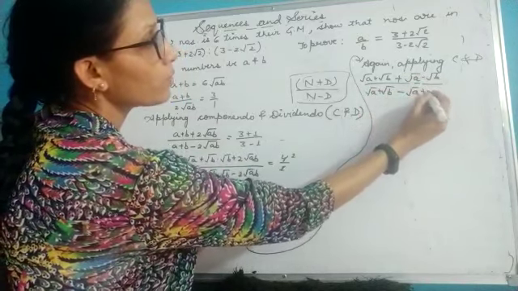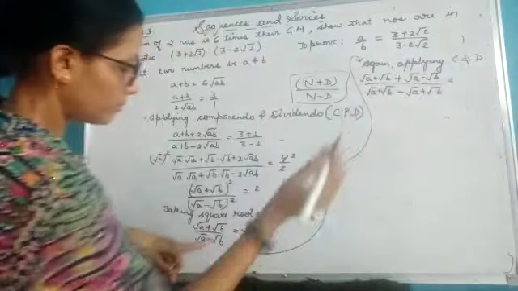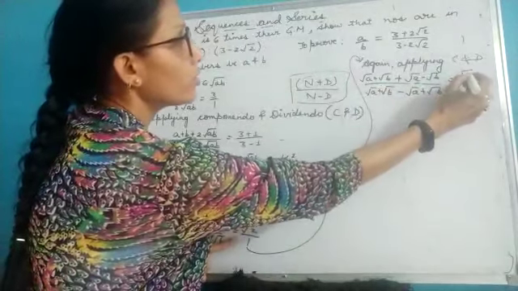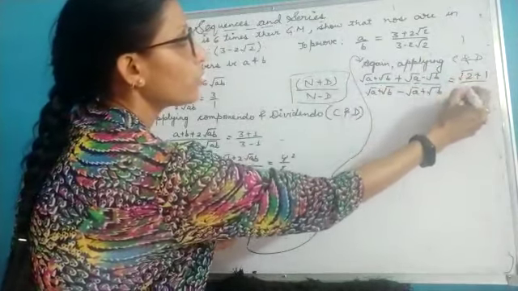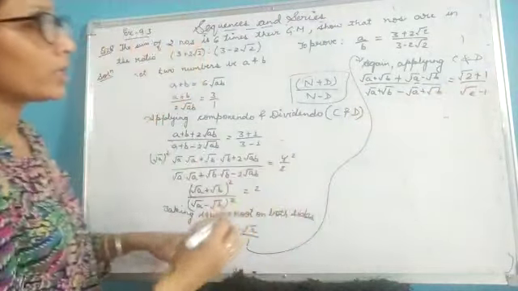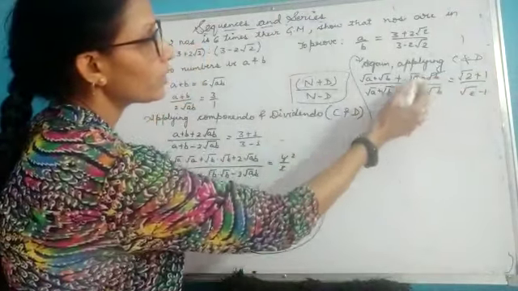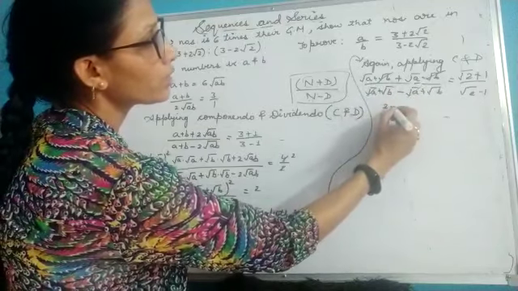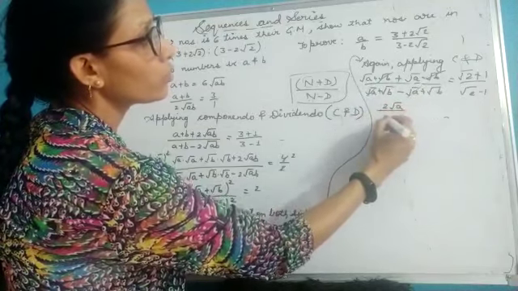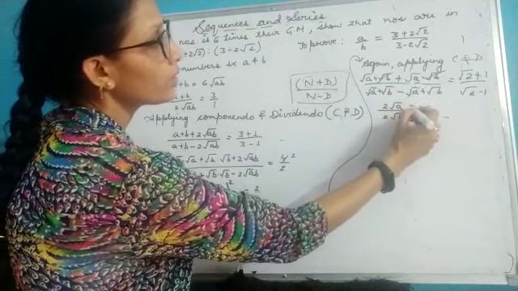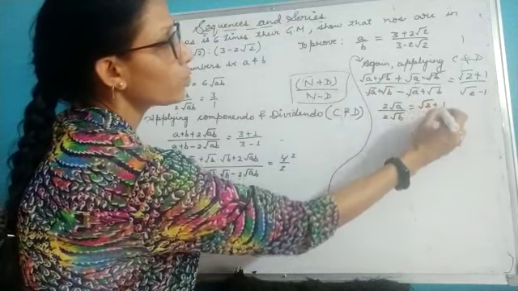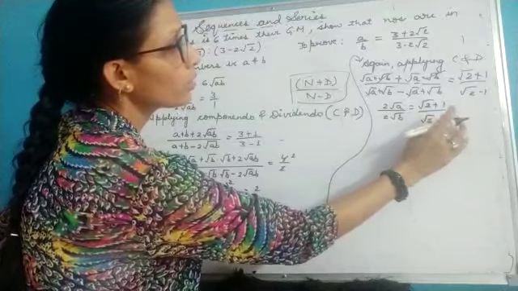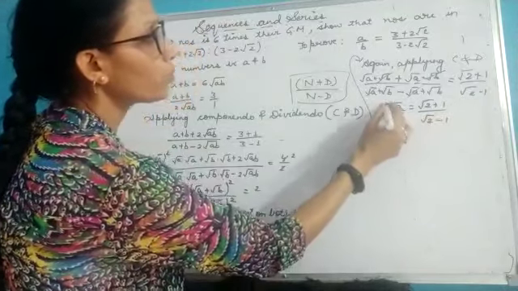So this will be plus root B, and here above I will be getting numerator plus denominator, numerator minus denominator. Now children, here root B and root B gone, and here root A and root A gone. So I am getting 2 root A by 2 root B is equal to root 2 plus 1 whole upon root 2 minus 1.